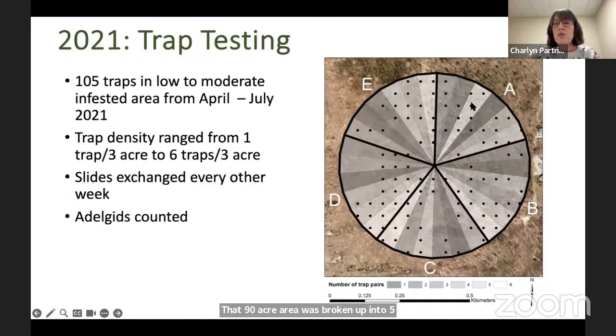Within each replicate section, we deployed anywhere between 1 trap per 3-acre area up to 6 traps per 3-acre area to see what our density needed to be to have a probability of detection of at least 0.9 or higher. They were deployed from April to July, with the slides exchanged every other week, and then we would bring the slides back to the lab to see if any HWA was found.